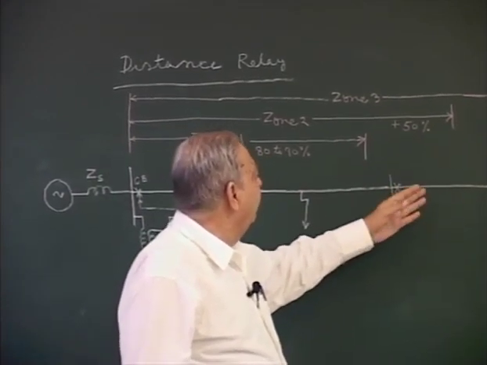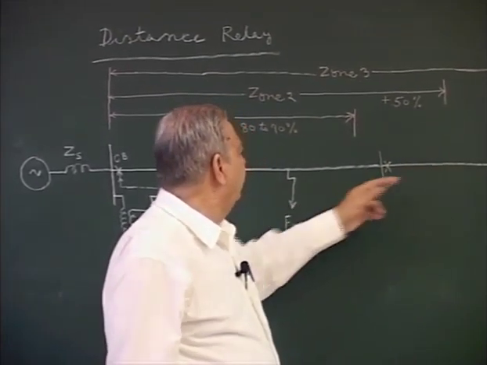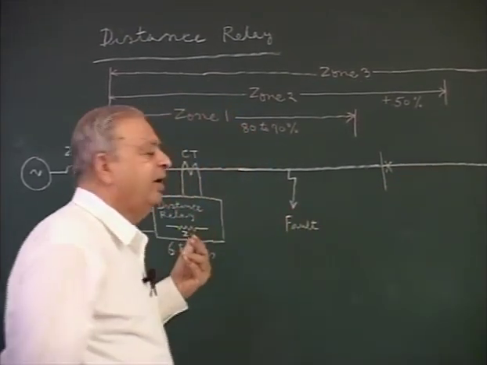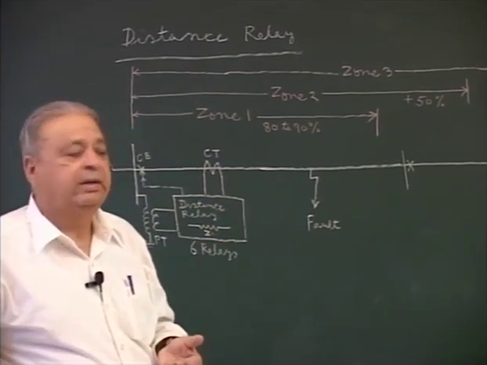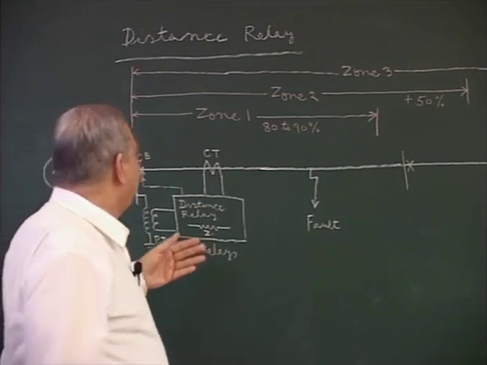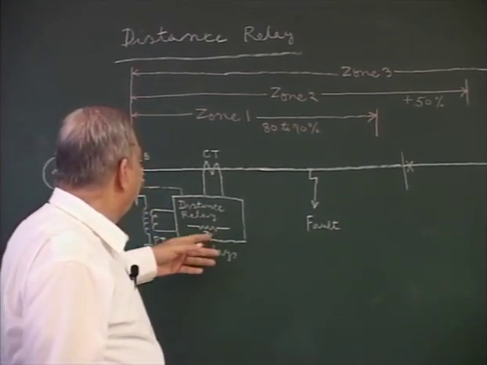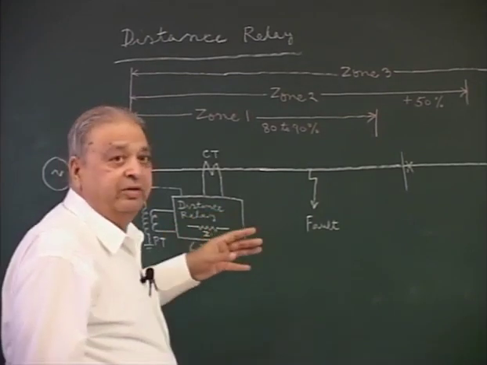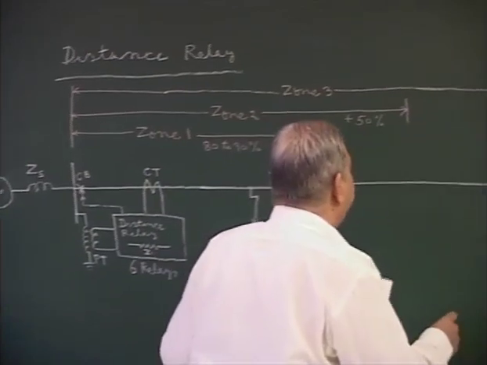So fault anywhere up to middle of this line will be detected by the same relay, but after a time delay. After some more time delay, ZR is further increased to cover up to this point.